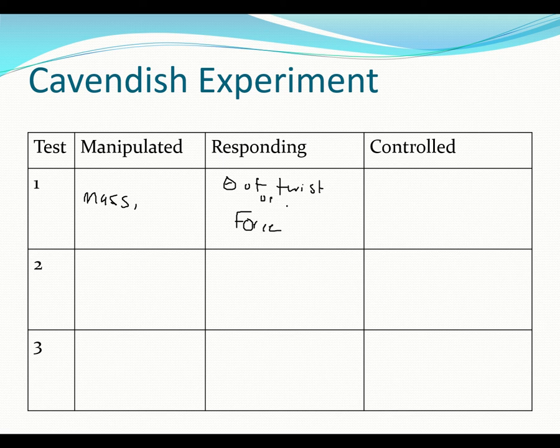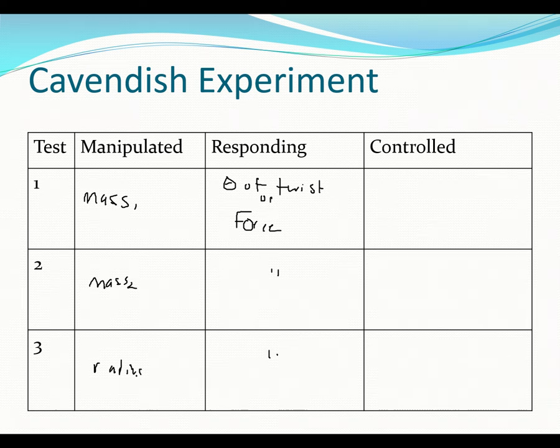So angle of twist or force would be the correct answer, because from the angle of twist, you can look up what's the force. And then he did another experiment where he manipulated mass 2. So how does mass 2 affect it? And it's going to be the same thing for the responding variable. He wanted to measure that angle of twist or the force. And then the last one, he manipulated the radius between them, and he measured that angle of twist or the force.